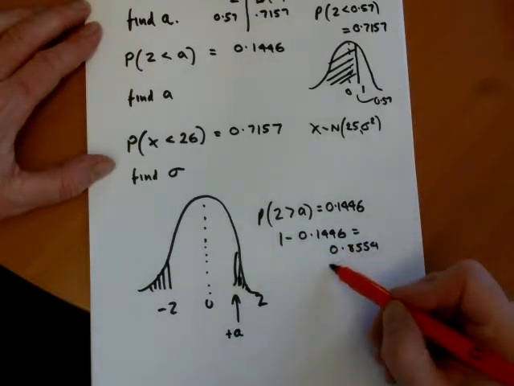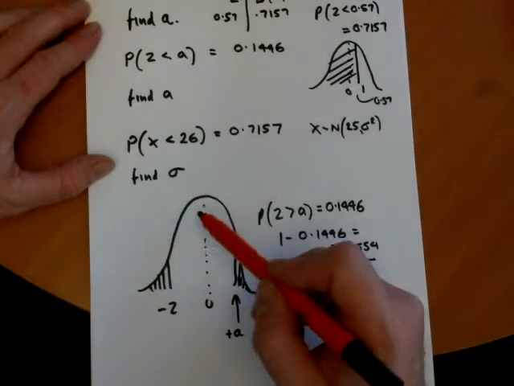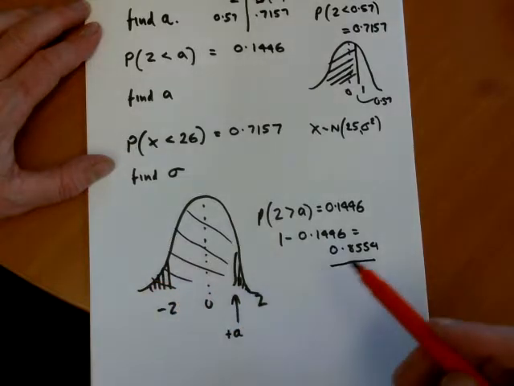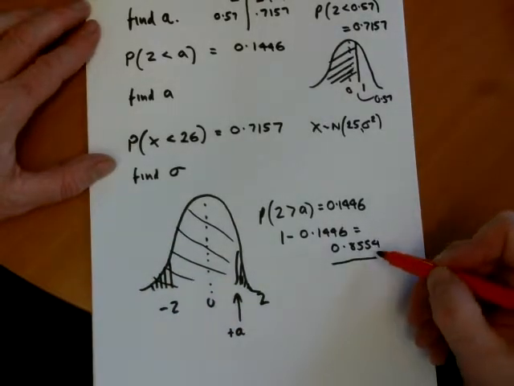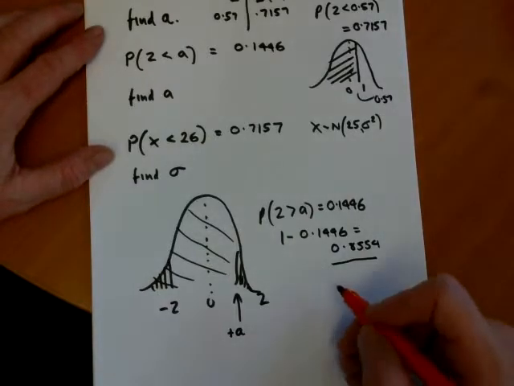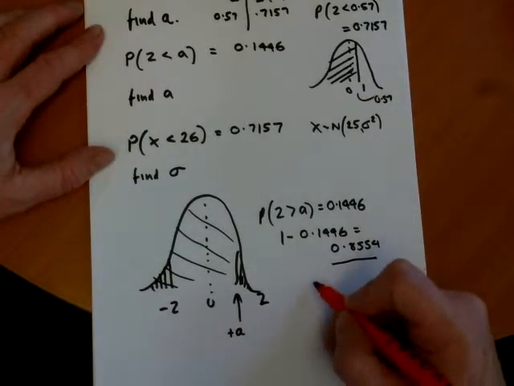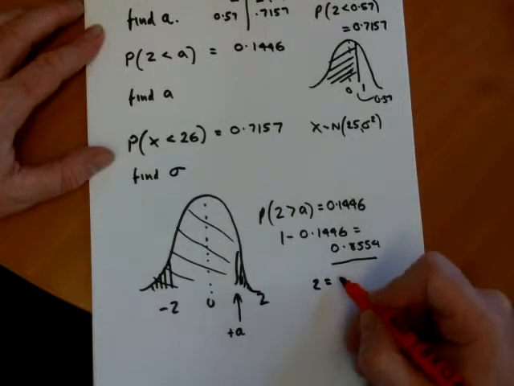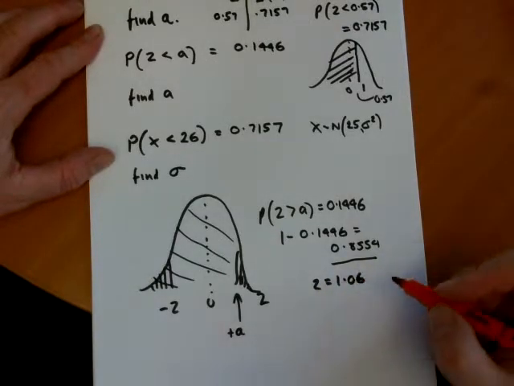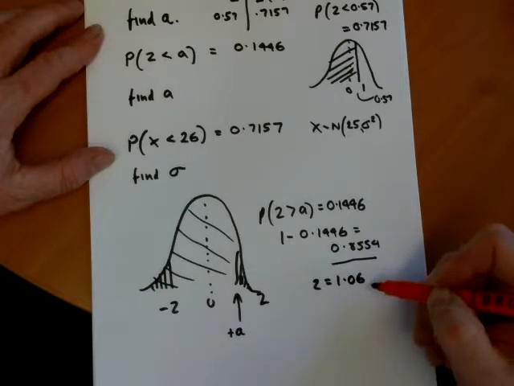That 0.8554 is everything to the right of our positive value of a. So if I look up 0.8554 in my z tables, that comes to 1.06. So the z value equals 1.06.